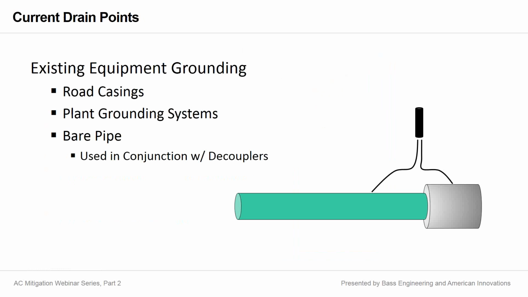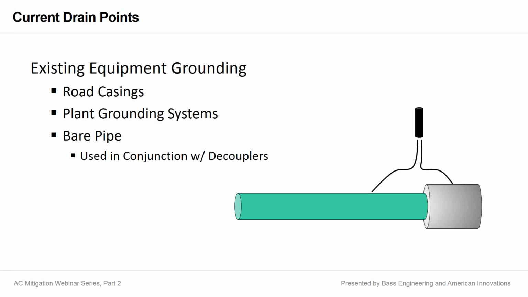The other tool that we have in our toolbox is current drains. Now, some of these current drains could be existing equipment that you have in place. So many times when you're considering some type of AC mitigation for your pipeline system, don't overlook what you already have in place. One of the more common grounding elements that's in place are our road and railroad casings.